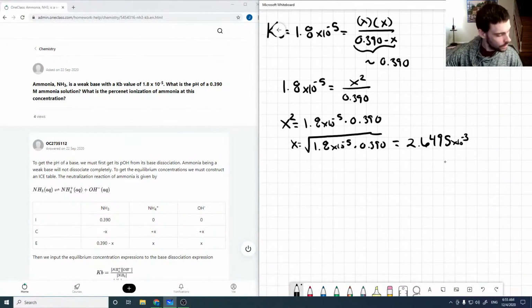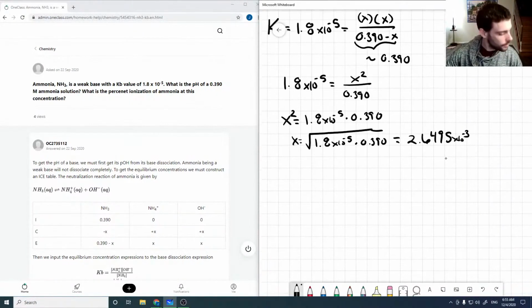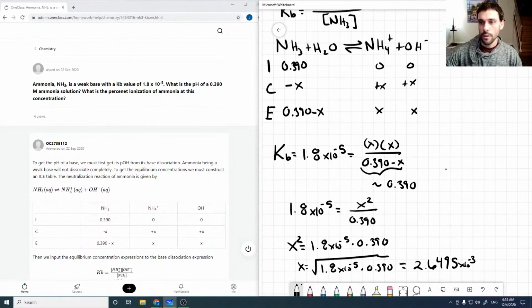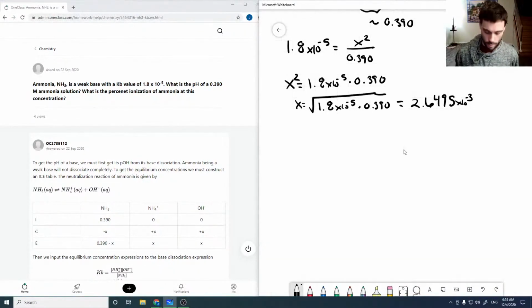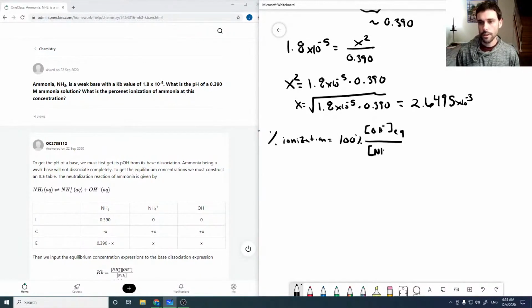Okay, so we're actually in a spot to calculate our percent ionization already, as X is our OH minus concentration, and we've got our original NH3, and so our percent ionization is going to be 100% times our OH minus concentration at equilibrium over our NH3 concentration initially.